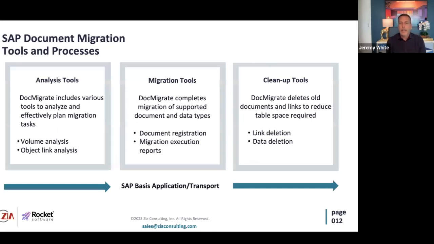As I mentioned earlier, it's one Basis tool, but really there are three things happening inside of it. The first is the analysis tool, the piece I was talking about in the opening, which we're happy to work with you on as a non-billable exercise.